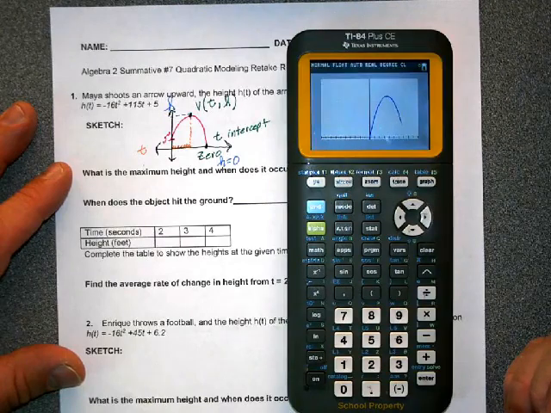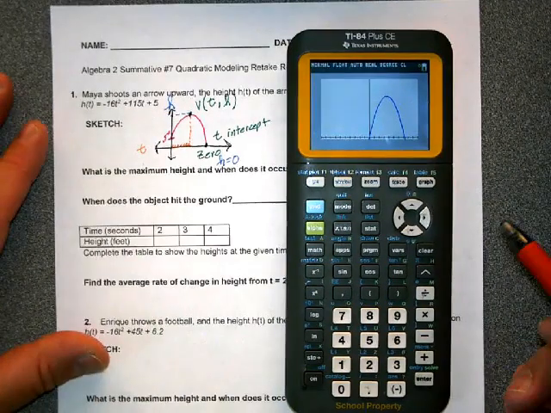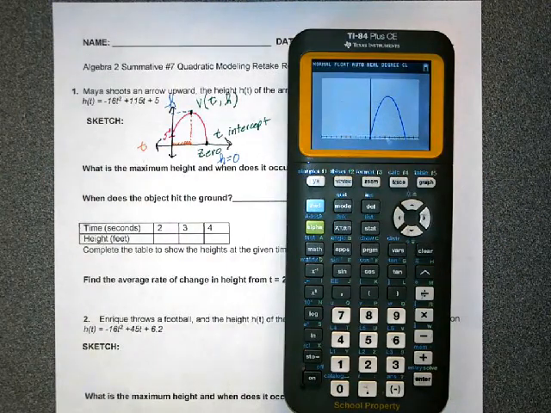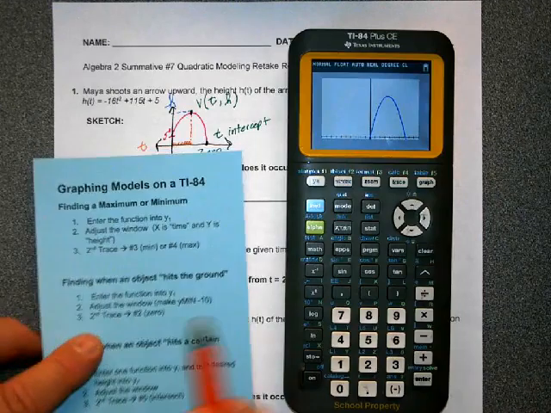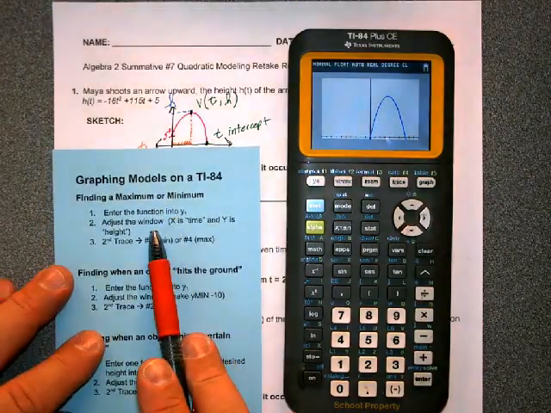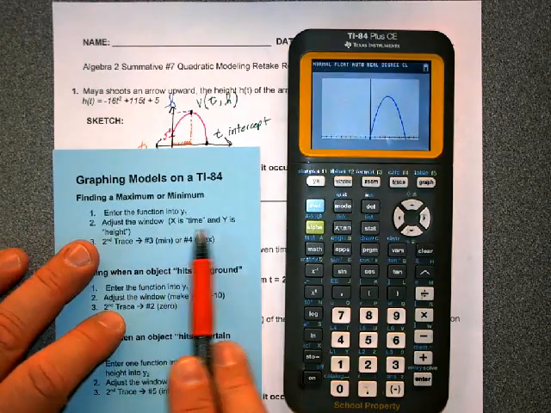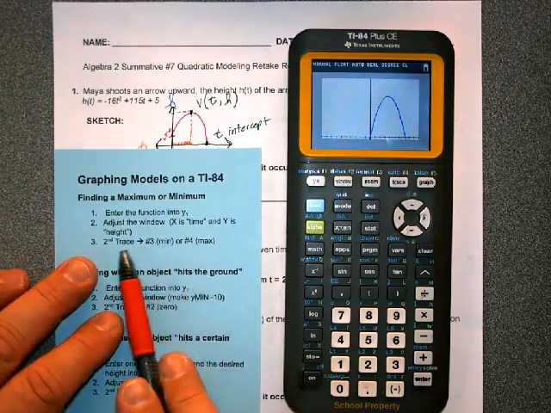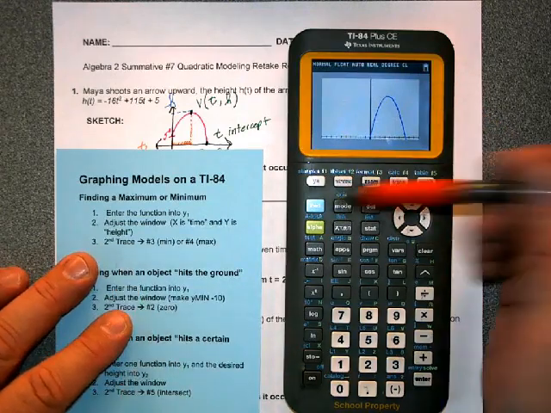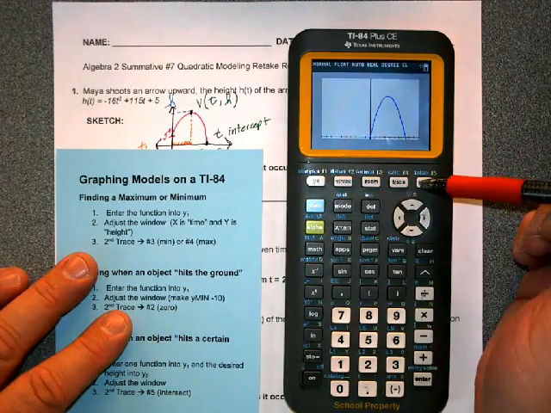And again, this is all on your blue note card, not the window, but from here on out. If I want to find the maximum this time, to find the maximum, I'm going to hit second trace. That brings up my calculate window. Okay.